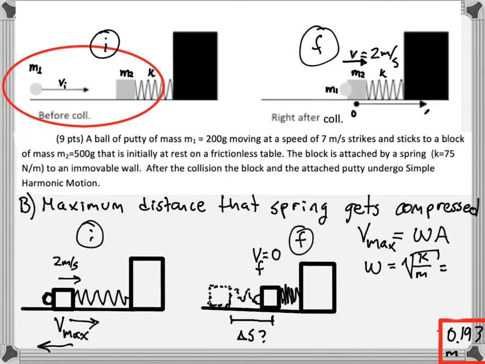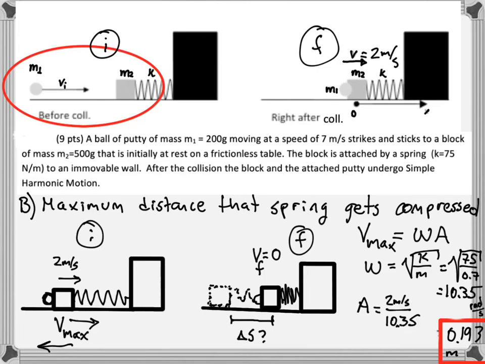When we're talking about a spring mass system, it is the square root of k over m. So we have k, we have m. So the angular frequency is the square root of 75 divided by 0.7 kilograms, which is the mass. Square root of that gives you 10.35 radians per second. So the system has an angular frequency of 10.35.